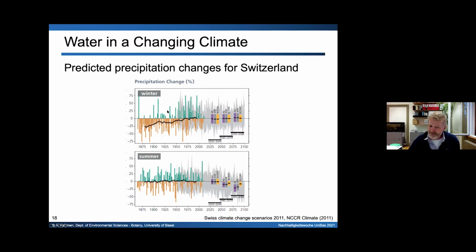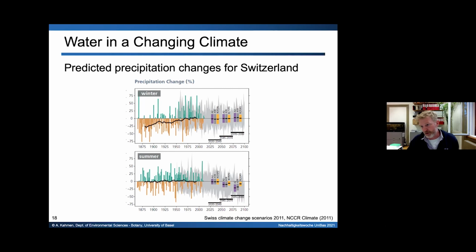What we can see is that for winter, precipitation has in fact increased in Switzerland until about the 60s and has been quite stable since, so at least there are no trends over time relative to the long-term mean. And in summer, it's been very, very stable. So we cannot say today that there is a visible trend of less precipitation in the summer months in Switzerland.